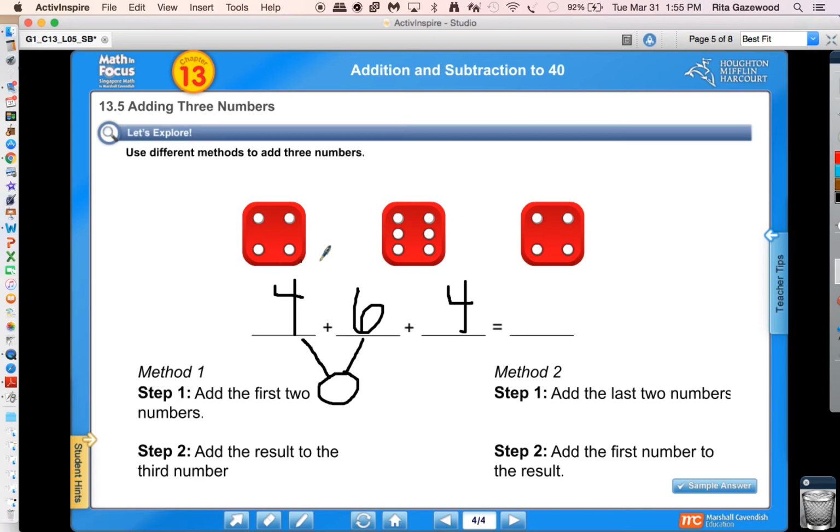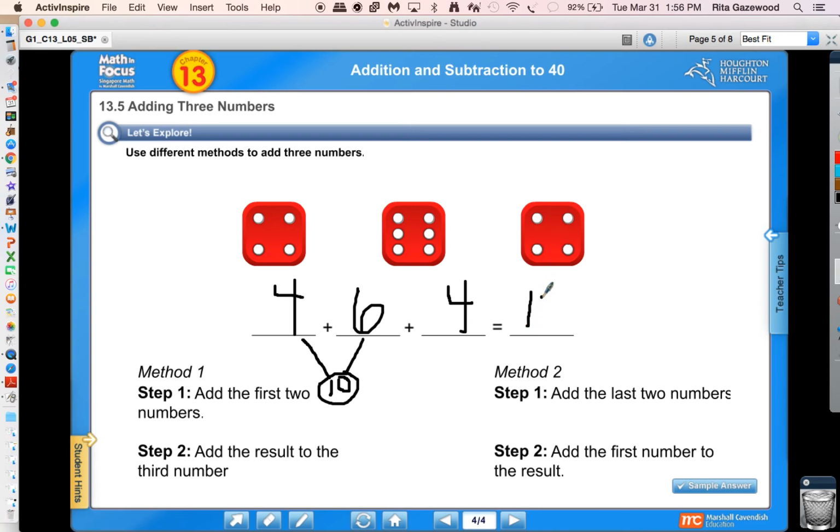Got my 4. 5, 6, 7, 8, 9, 10. So 4 plus 6 are the first 2 numbers. Then the second part is to add the result to the third number. So I have 10 plus 4 more. So say 10, 11, 12, 13, 14.